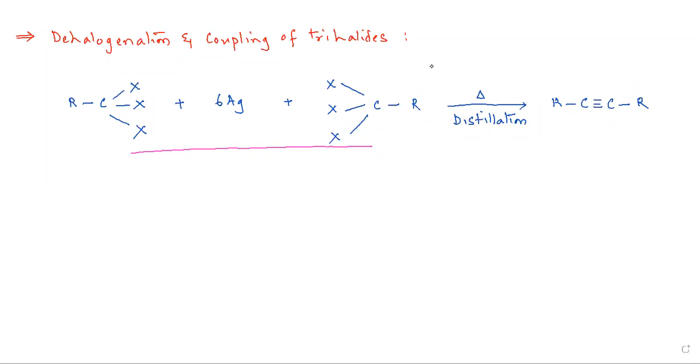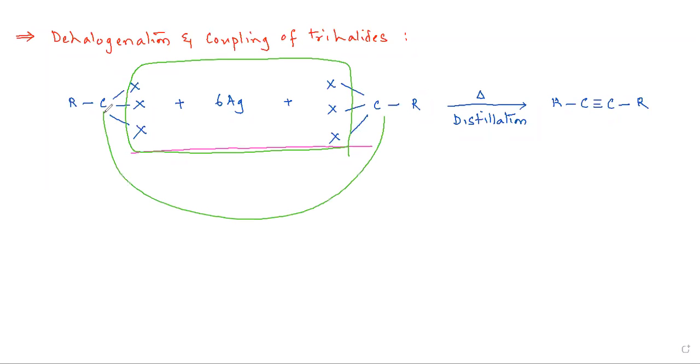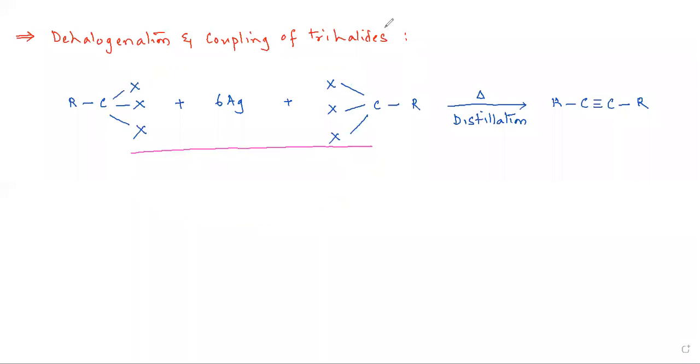What has happened? Right from this to this, everything has been eliminated, so these two got connected by a triple bond. Now 6 moles of silver halide.